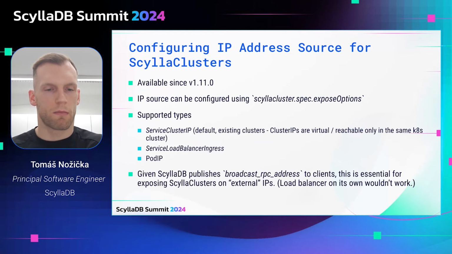This is quite important because ScyllaDB clients discover the ScyllaDB node addresses using a broadcast RPC address configured on Scylla, so there can be only one, and it's broadcasted to clients. So it really matters how you set this up, and you cannot just make network changes.